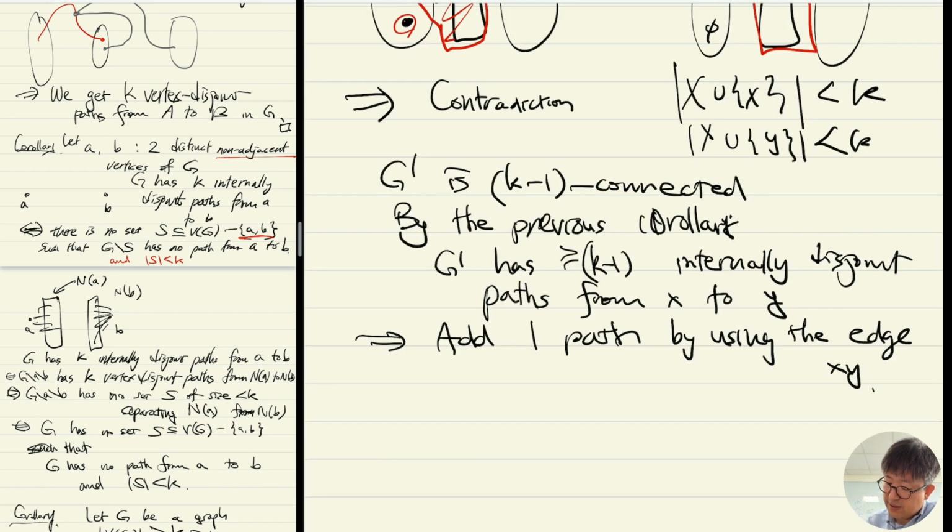So then you have K internally disjoint paths. So we are done. Okay, so that's the proof.